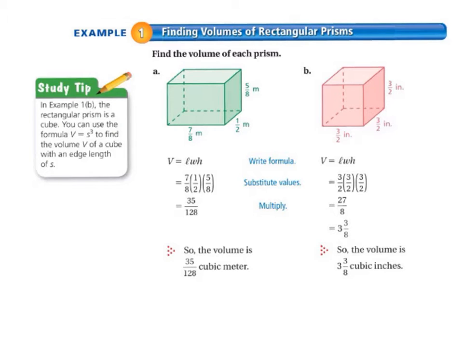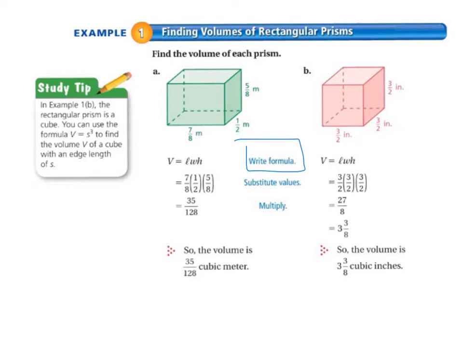Example 1, Finding Volumes of Rectangular Prisms. Letter A, find the volume of each prism. The first step, as always, is to write the formula. So volume equals length times width times height.